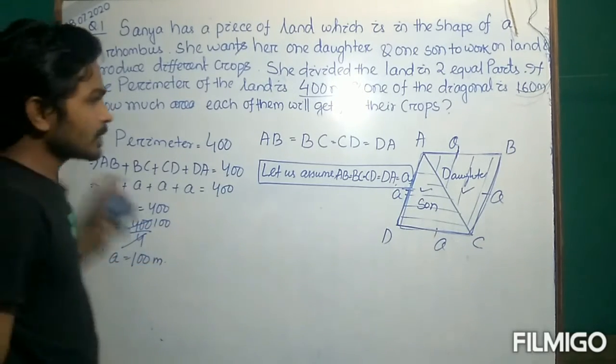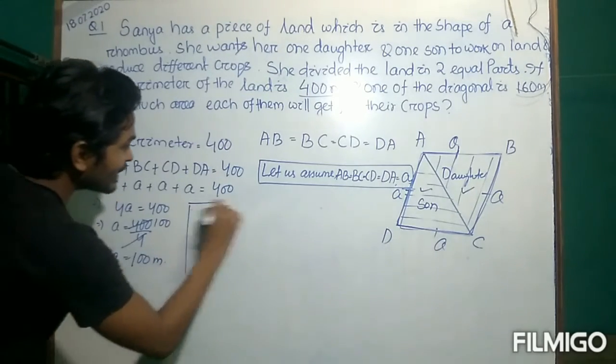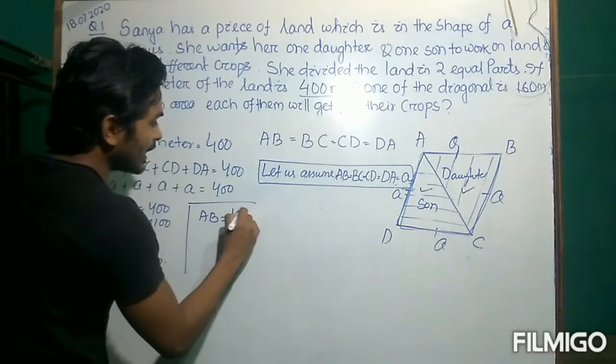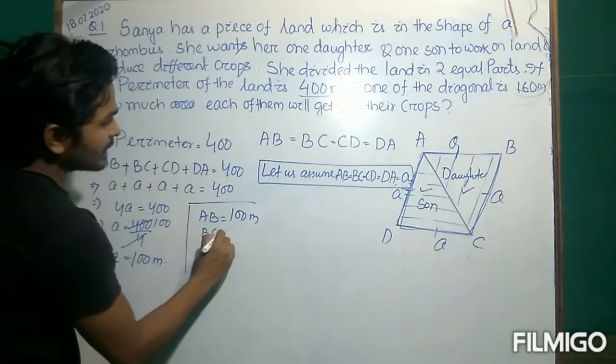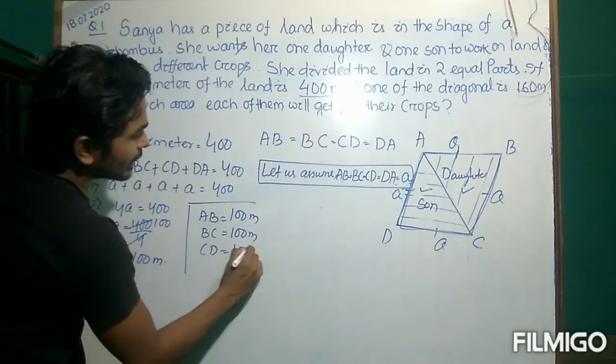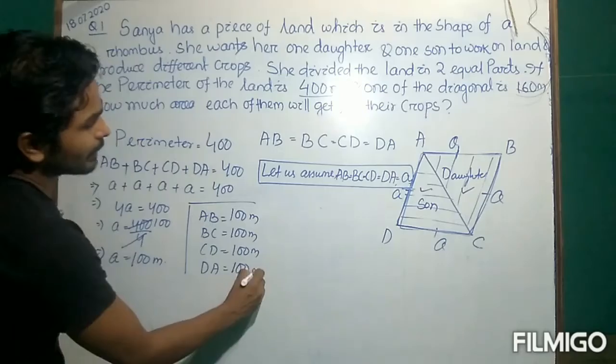So we got the value of each side. AB is equal to 100, BC is equal to 100, CD is equal to 100 and DA is equal to 100 meters.